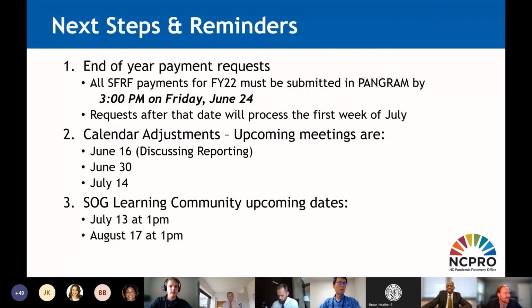Jumping back up to the top of the slide here, our accounting and finance team wanted to make sure that you all know that SFRF payment requests for the current fiscal year must be submitted by 3 p.m. on Friday, June 24th. If you submit after that, you'll still get your money, but it'll just push into early July to process as we prepare for the switchover of fiscal years.